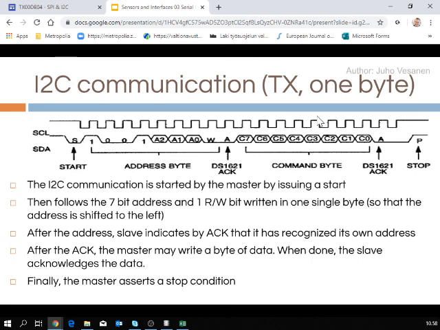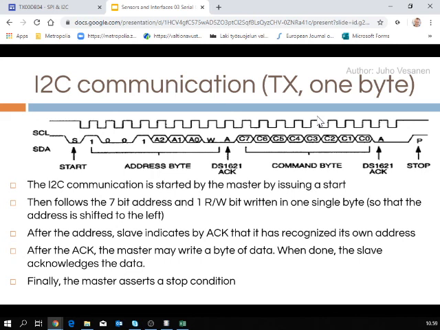Okay, so after that 7-bit address, if there is a device that recognizes that address, it sets the acknowledgement. Okay, and either listens to the data or writes the data according to this serial clock.